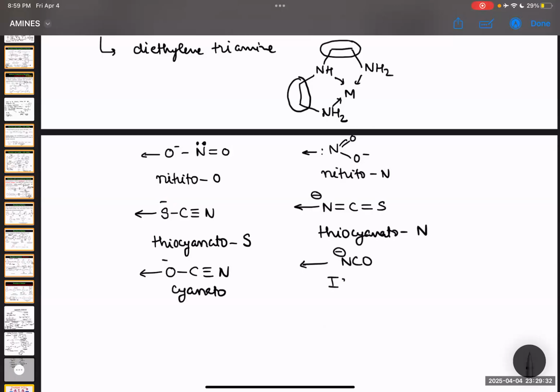The earlier name which was used was isocyanato. Earlier you used to put iso. Now you keep the name same, cyanato O and cyanato N, as per the latest convention. You keep the name same and you write the capital letter of the donor atom, through which it will be connected to the central metal atom or ion.